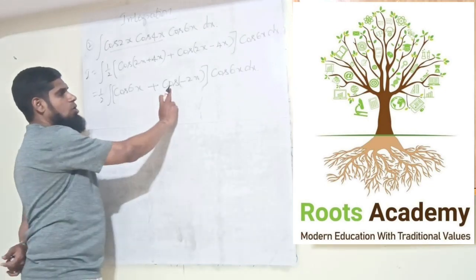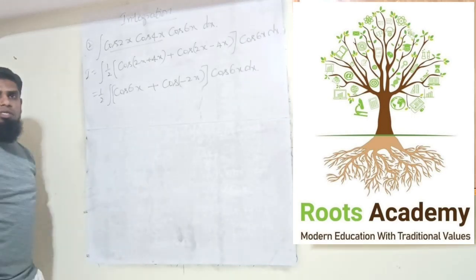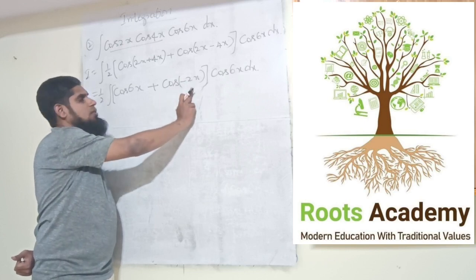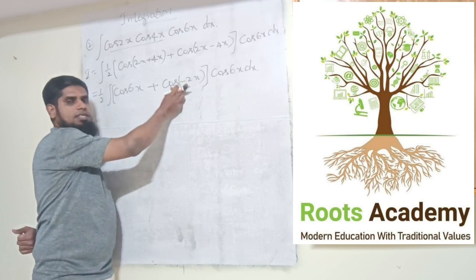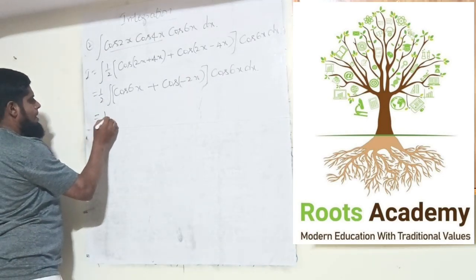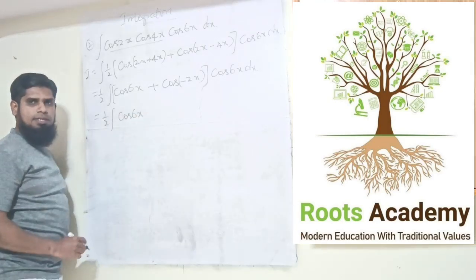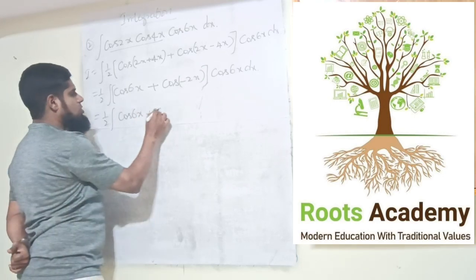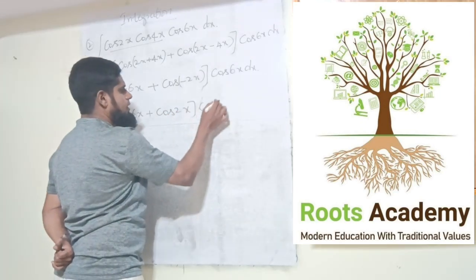Now student, cos of minus theta, as we studied in our first PC, is cos theta. Cos doesn't give any negative answer; cos always gives positive answers for any negative angle. So cos of minus theta is always cos theta. Integral of cos 6x plus cos 2x, close it, into cos 6x dx.